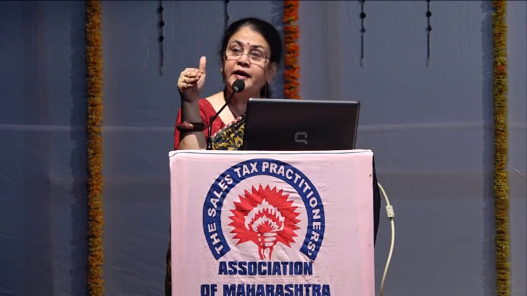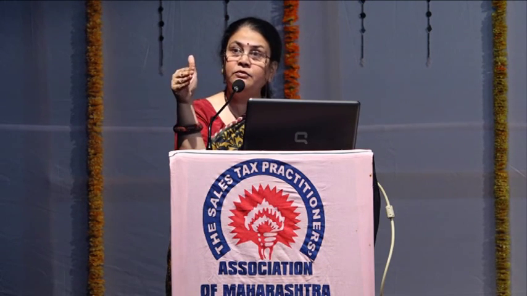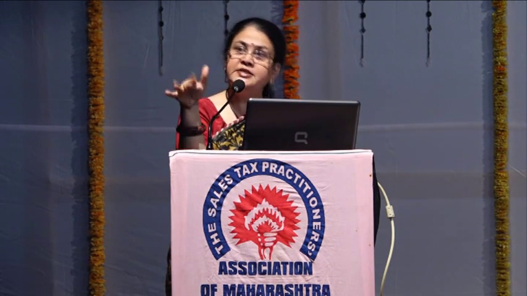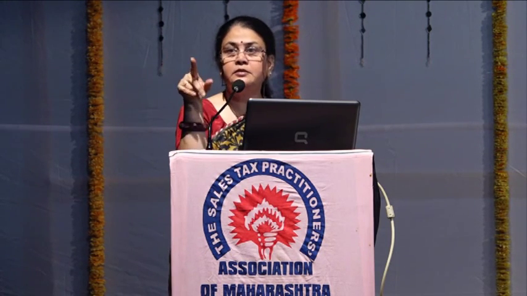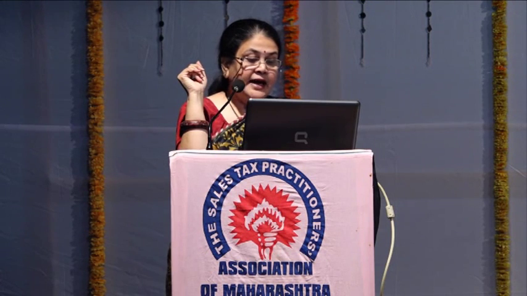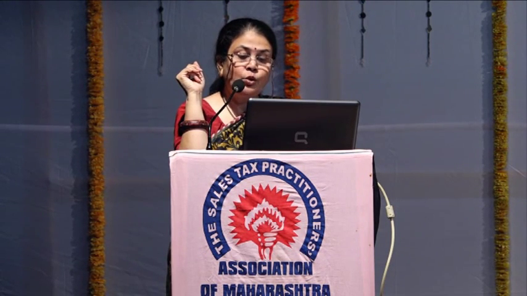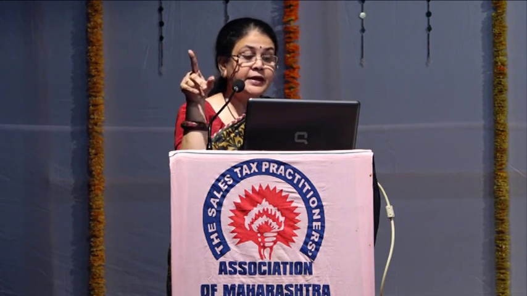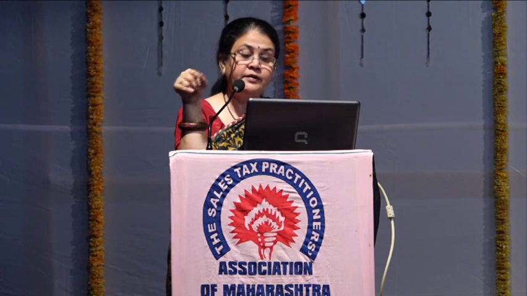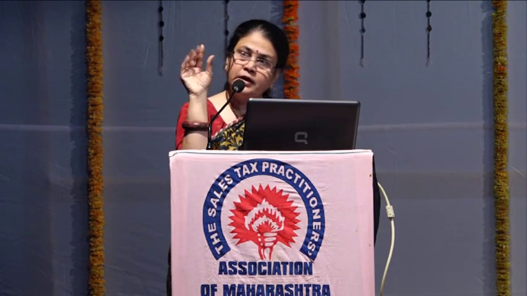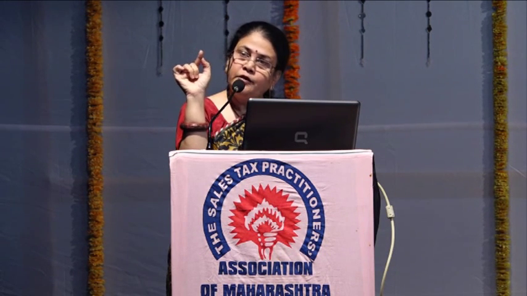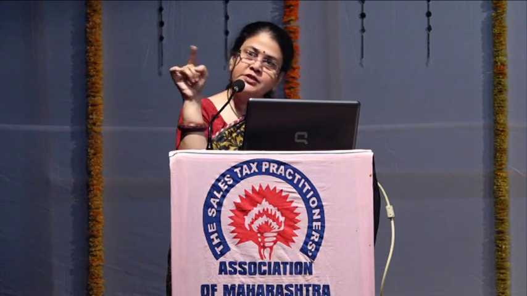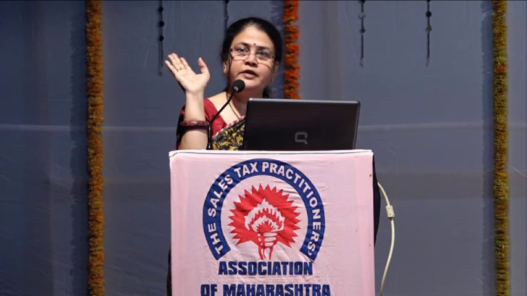Now what is the specified date after which they have the liberty to adjust that amount against your refund amount? The specified date has been mentioned: the last date for filing an appeal when no appeal is filed, and 30 days after the last date of filing an appeal when an appeal is filed. So if 60 days are provided for filing an appeal, and you don't file an appeal, then from the 61st day this provision will apply.